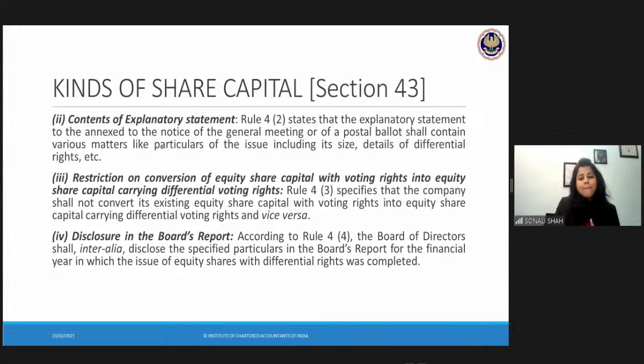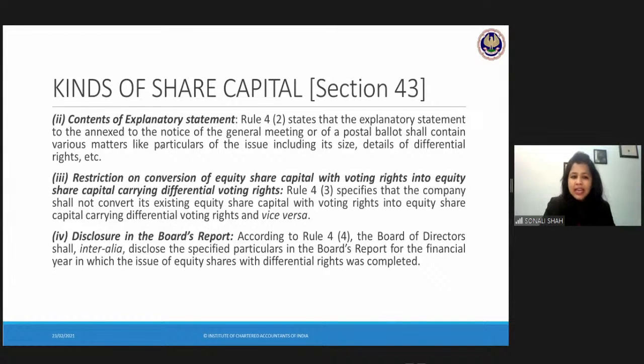Now coming to a few more points that have been provided in Rule 4 of the Share Capital and Debenture Rules. So we have seen that we need an authorization wherever DVR has to be issued.